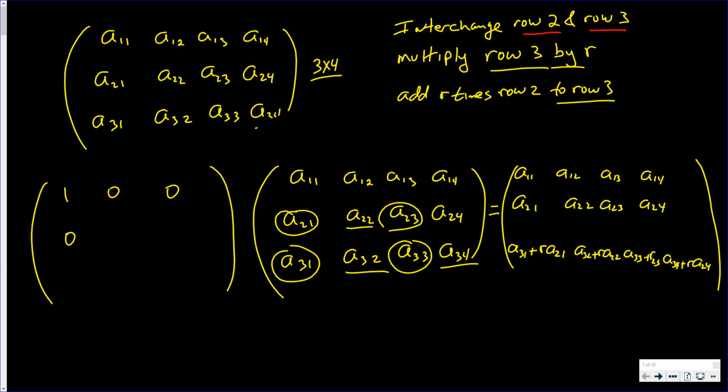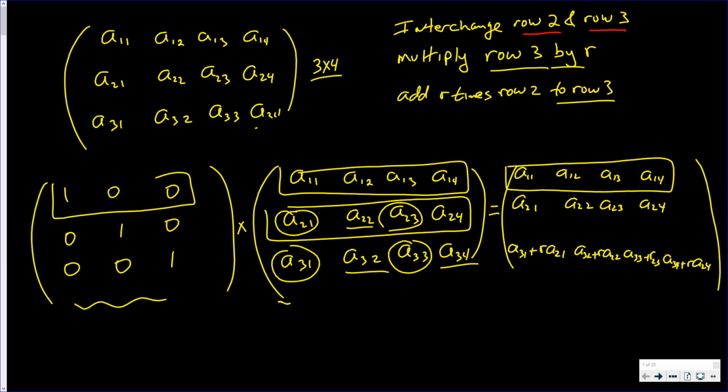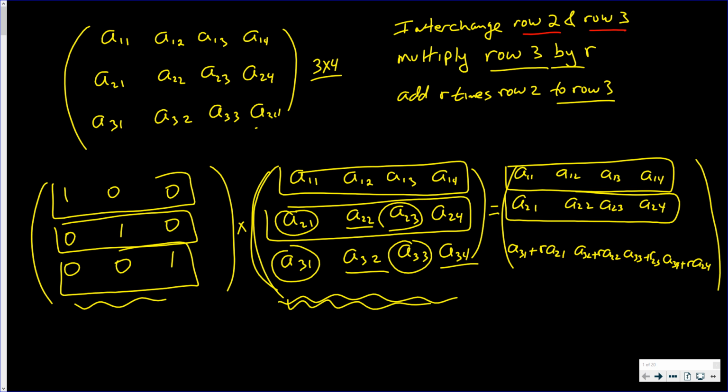Since row 2, I multiply this matrix by this matrix, and I get back the same row 2. So that means I should have 0, 1, 0. But then it changes. When I multiply the third row by this matrix, I'm supposed to get this mess.